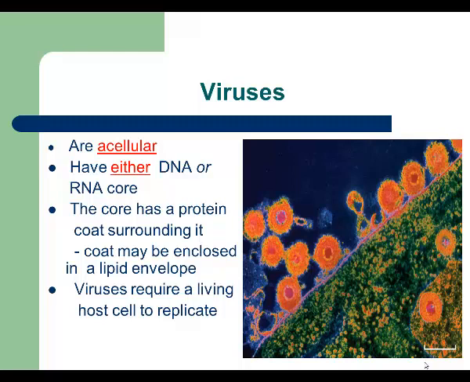Some viruses on the top of the protein coat have one additional layer. We call it an envelope. It's made of lipids, and if virus has an envelope, we call it enveloped virus. If virus doesn't have an envelope, we call it unenveloped or naked.